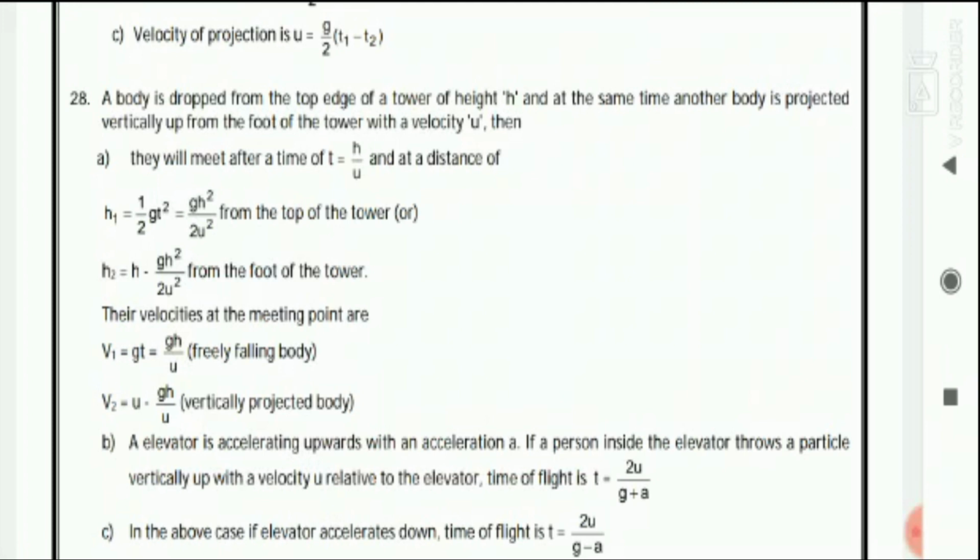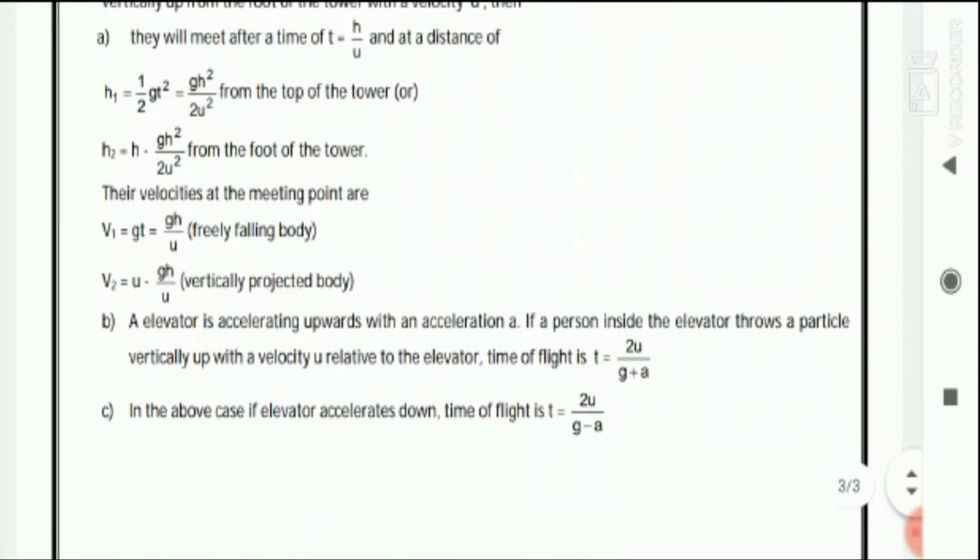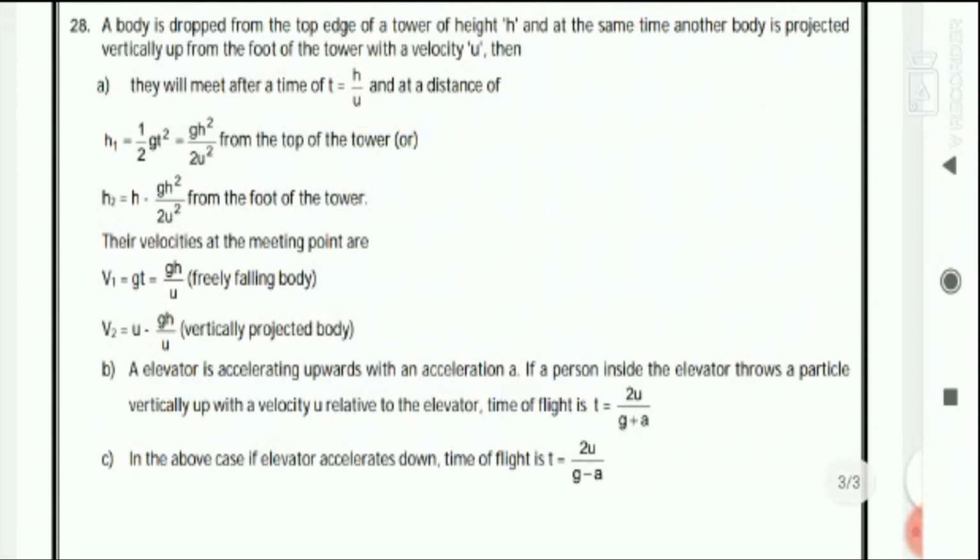Then they will ask directly like this. They will meet after a time t equals h by u, and the distance h1 equals half g t square, but t is h by u, you can substitute. So these are all the values you can find. If you read one by one, you can easily find all of those.